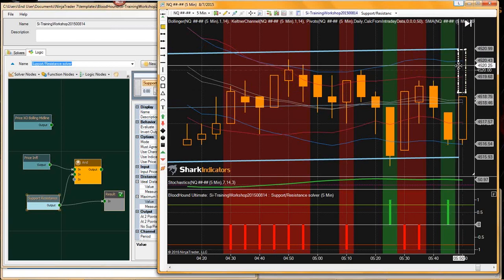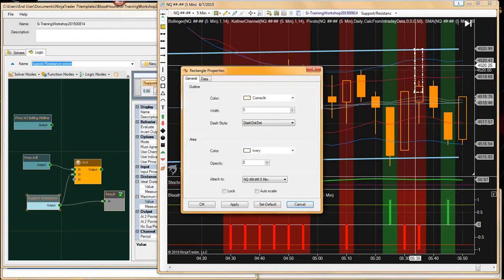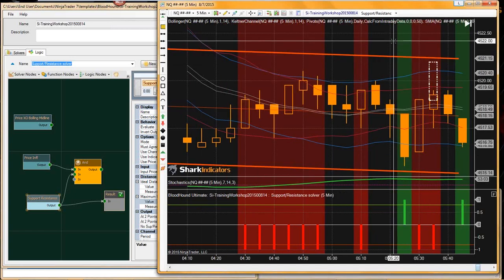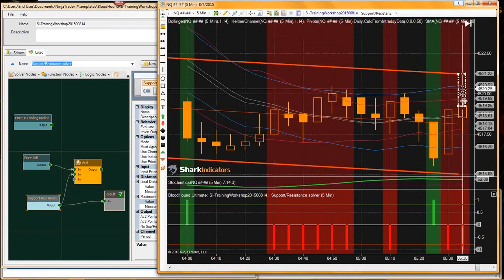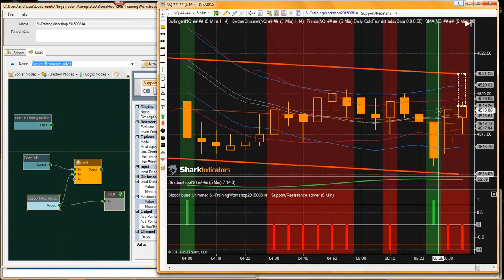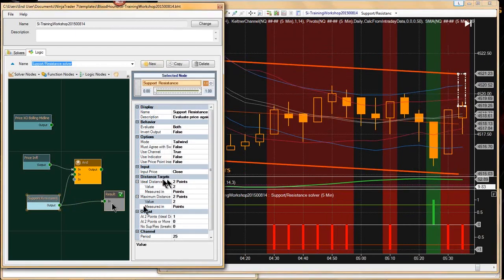And over here, let's take a look. Yeah, price just got within 2 points of the upper channel line. So you can use a regression channel line in both tailwind and headwind mode.